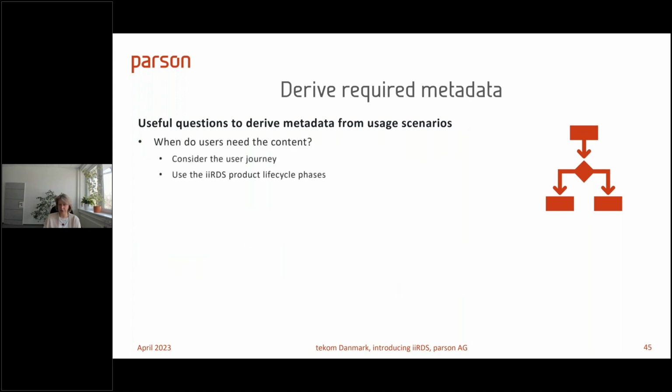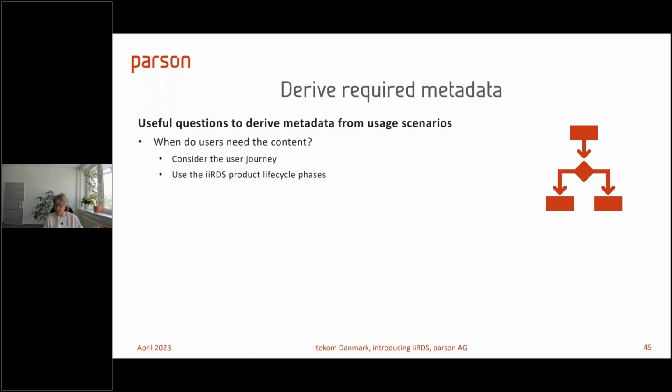And then this is a good way of finding the right metadata. So some useful questions when you want to define which metadata to use from iiRDS, or which extensions you need, are the following. When do the users actually need the content? Think of the user doing a journey.